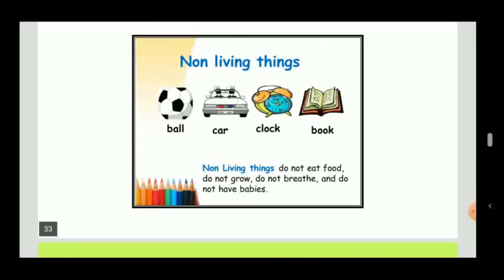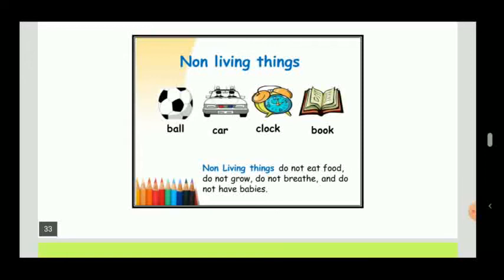This is a basketball, but we also know that a cricket ball does not need air. So things cannot breathe, cannot grow, like a car can't grow, like a clock can't grow.